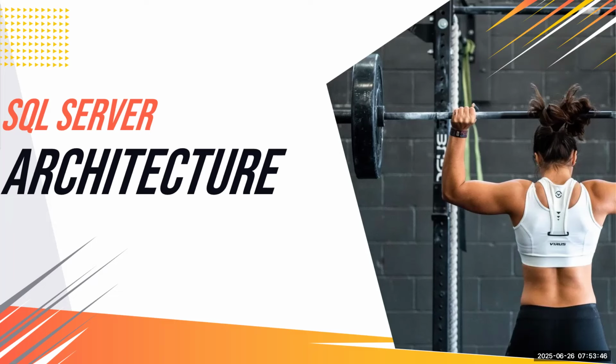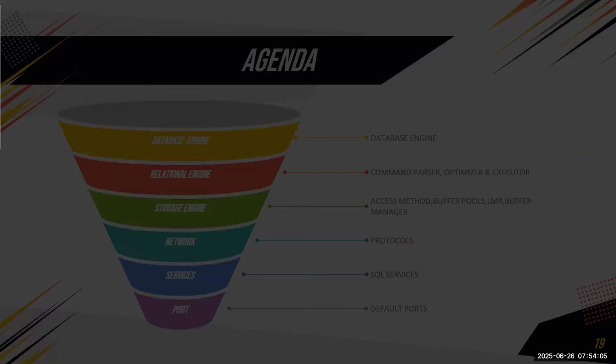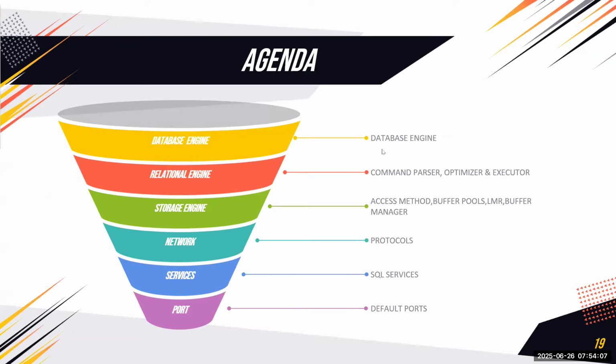Postgres architecture or Postgres database architecture, almost all are the same. So when you start anything, first you should understand the architecture, how that service is working, how my SQL is working internally. So as part of this, we are going to focus mainly on the database engine in today's session. And in the database engine, again, we have the relational engine and storage engine.